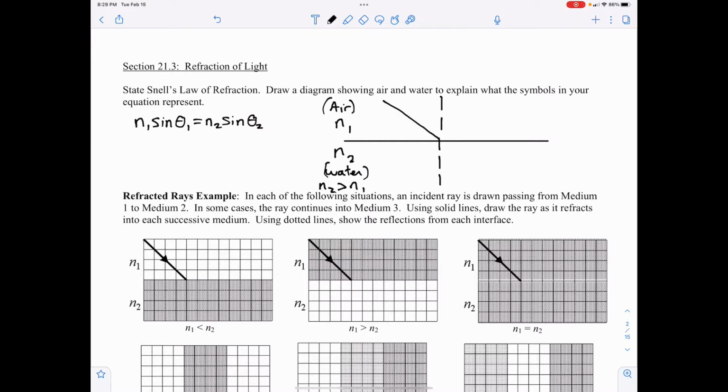Then light is going to come in at an angle, some incident angle that we're going to call theta 1, and it's going to bend closer to the normal with a smaller theta 2. Theta 1 is your incident angle, or your angle of incidence. Theta 2 is your refracting angle, or your angle of refraction.